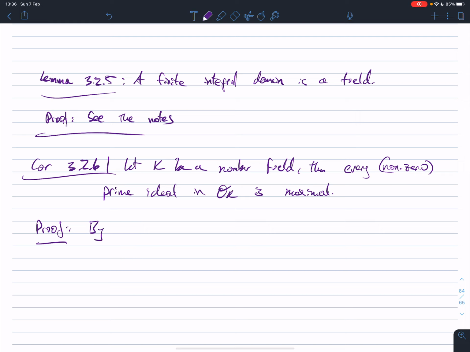It follows from the things that we did at the start when we were talking about ideals and recapping ring theory. So by proposition 1.1.22, we know P in O_K is a prime ideal if and only if O_K mod P is an integral domain.